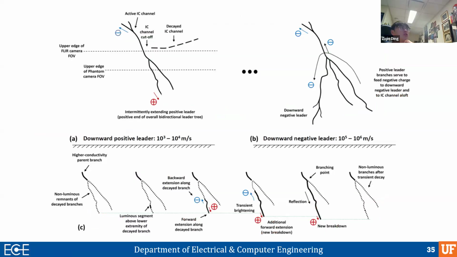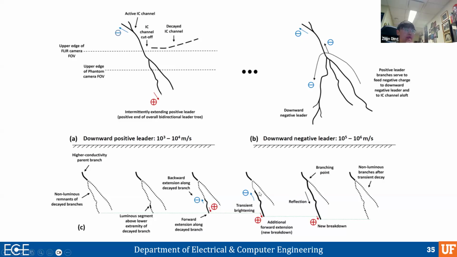So here is a cartoon showing how we observe both visible and infrared, showing the dynamics of this positive bidirectional transient mechanism. What we observed is just the bottom of this bidirectional leader tree. Each time, a bidirectional leader initiates inside the remnants of a previously created channel, propagating bidirectionally, with the negative side propagating upward, connecting to the parent channel, which is conducting, and the positive side propagating downwards.